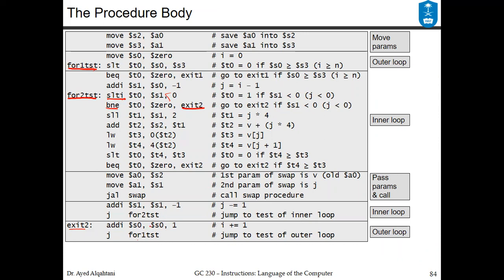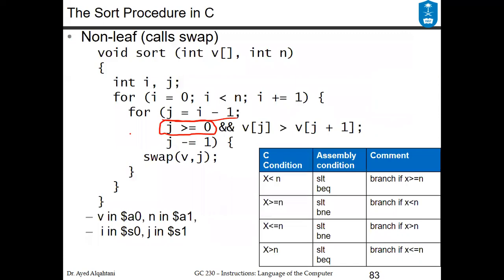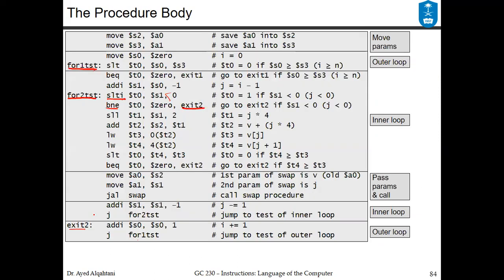So you take I and add 1, and after that you jump to the first for. If this is not true, you need to exit out of this for loop. What you need to do is execute this one and then go back to the for, meaning that you check this condition again. And this is what happens here. We have the plus 1, the increment, and then you jump back to the first for loop.